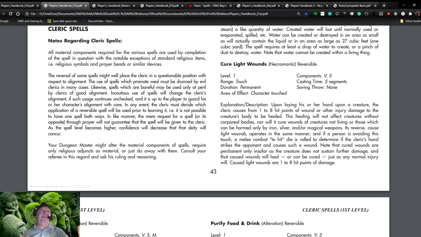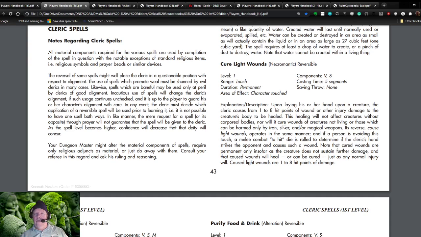Okay, there's a caveat. It won't affect certain creatures. Well, what creatures won't it affect? There you had to go look up a different spell. Okay, this healing will not affect creatures without corporeal bodies, so it can't be spiritual spirits or things like that.